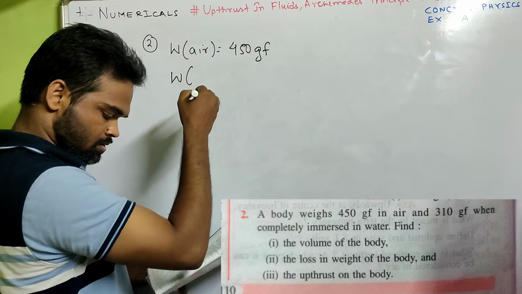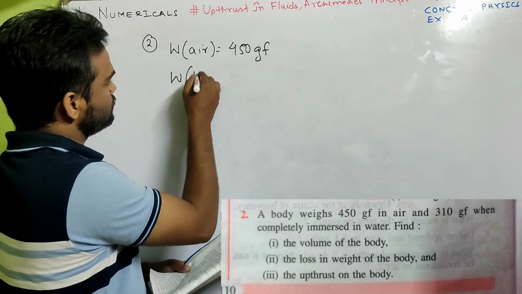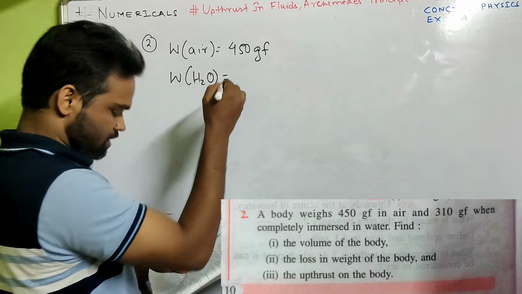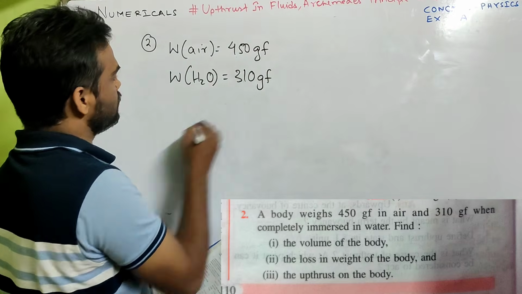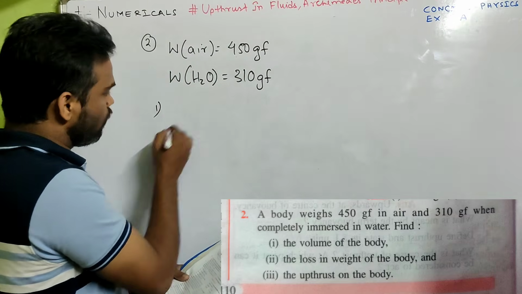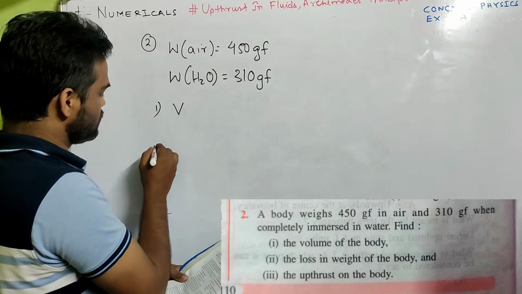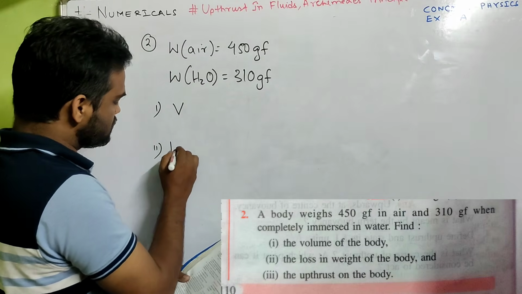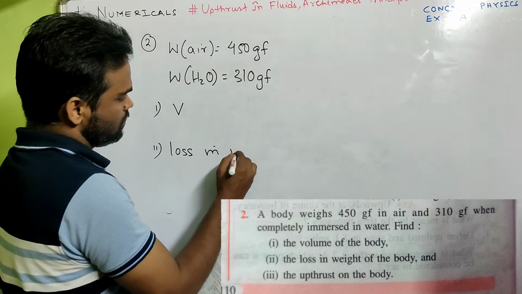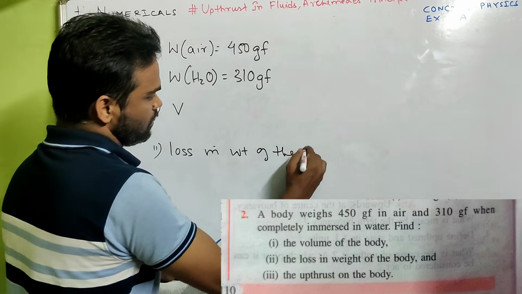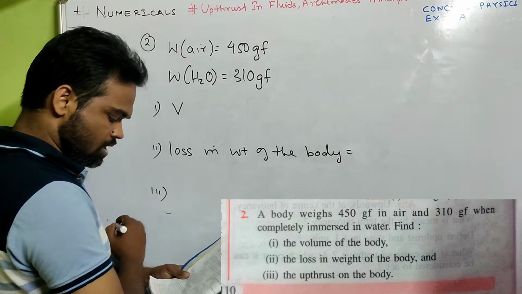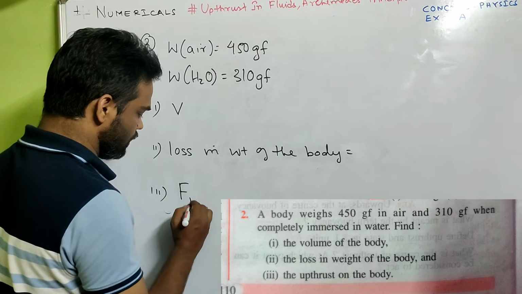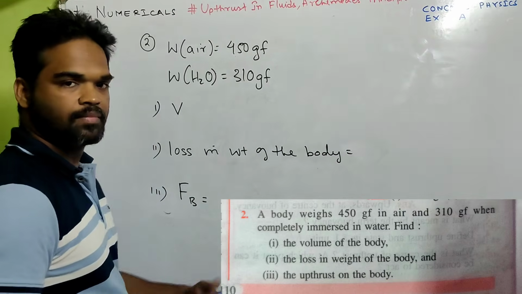Weight in water is given as 310 gf. Okay, they have asked for the volume of the body. Number 2, loss in weight of the body. Done. And number 3, they asked the upthrust on the body.